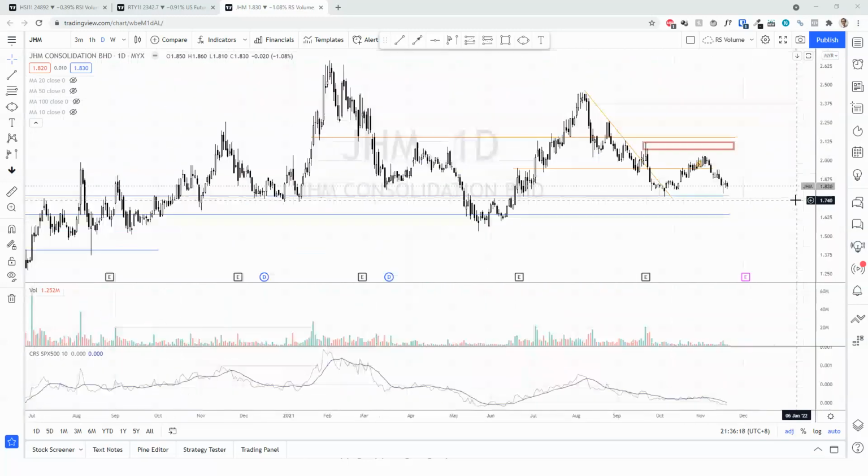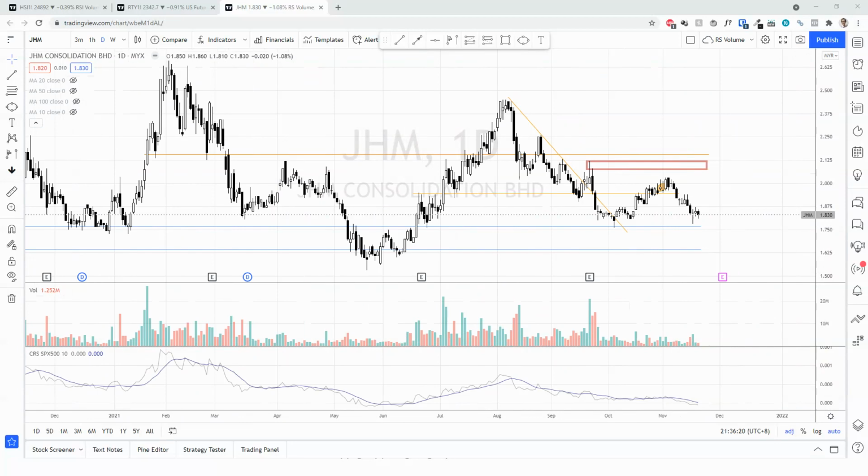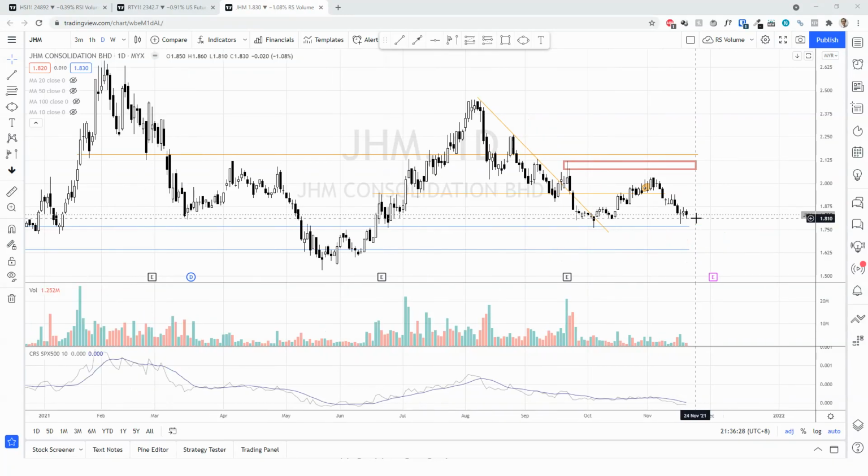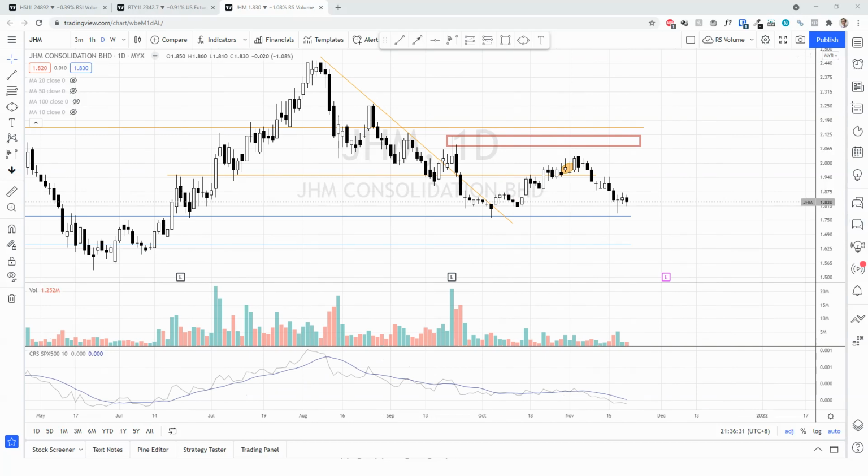So at the moment it is supported. This is the area that gets supported, about 1.6 to 1.75. So it seems like we have a test here. We got some selling climax, a rally, and here's another test. So it probably forms a temporary bottom for now. I wonder if it could just sort of turn up, maybe test the 2 again.